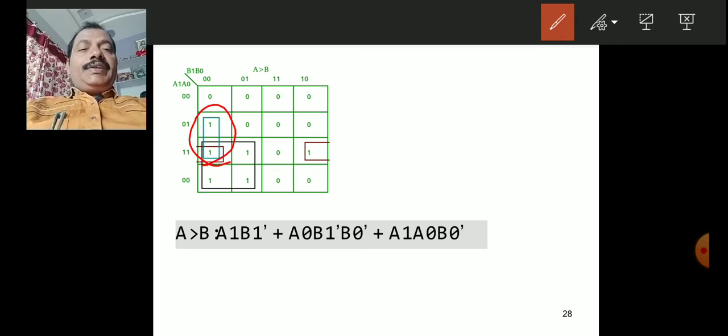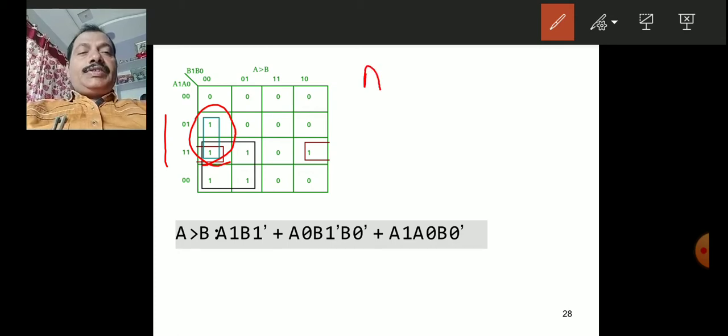This pair is occupying two rows and a single column. For two rows, if you observe, A1 is changing from 0 to 1, A0 is not changing, it is 1, hence A0. Eliminate A1.